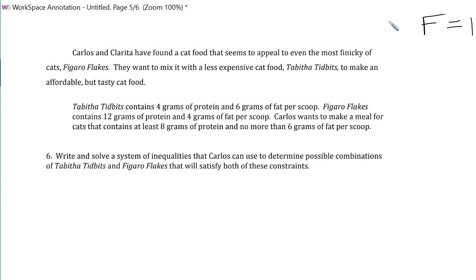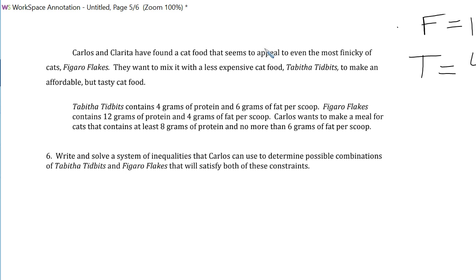And I know that Tabby's Tidbits has 4 grams of protein and 6 grams of fat. So you are going to cut this stuff. Ghetto-style dog food, you're going to get some healthy stuff, you're going to get some cheap stuff, and you're going to cut them together and make the dog food recipe that you want. It's a very, very good idea.